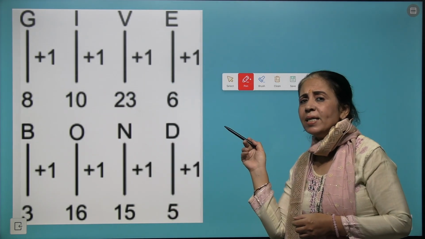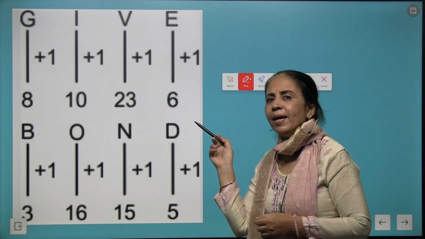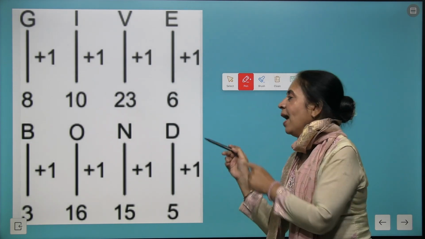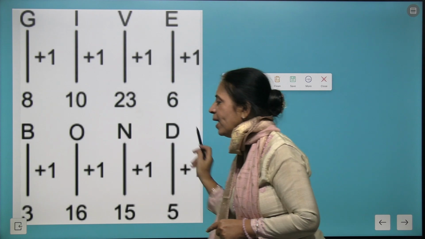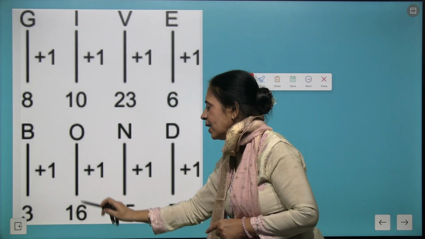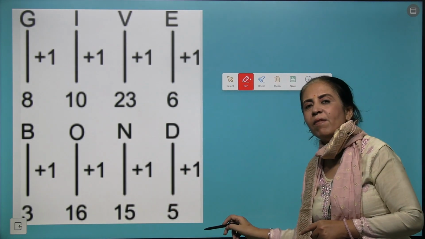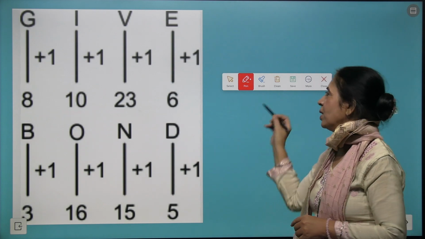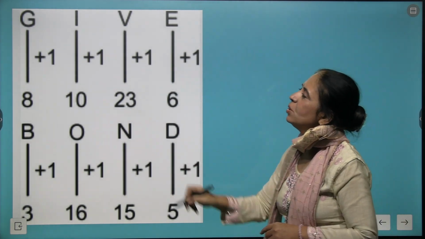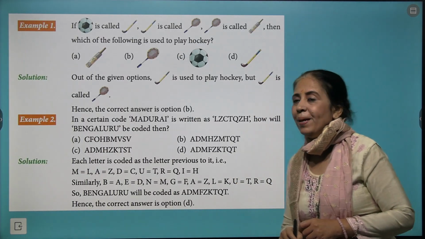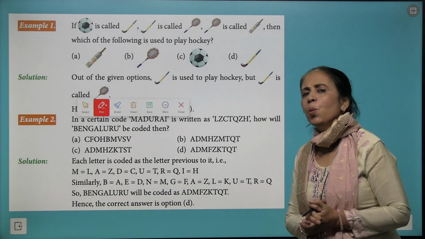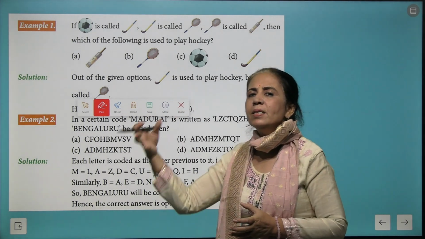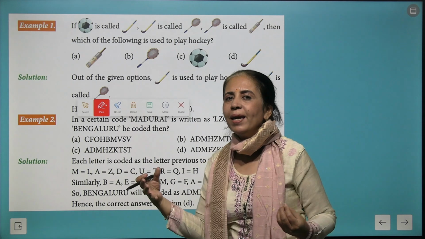Similarly, V is 22nd alphabet, but I write 23, and that's how we could change bond as 3, 16, 15, 5. So another interesting way to represent your secret messages. Understood?